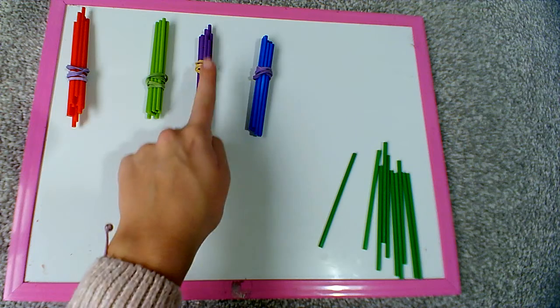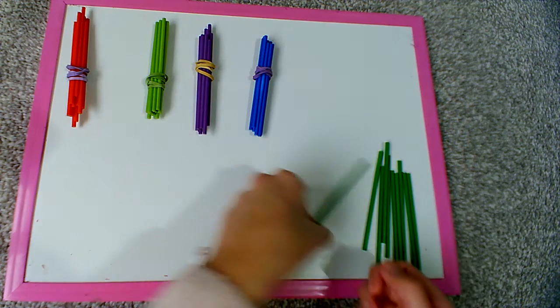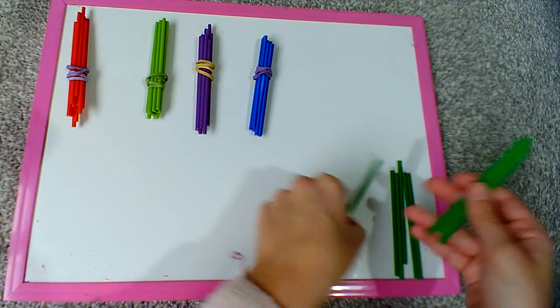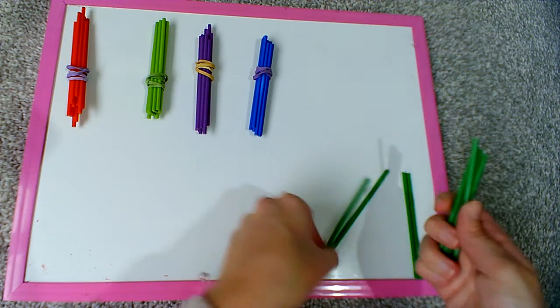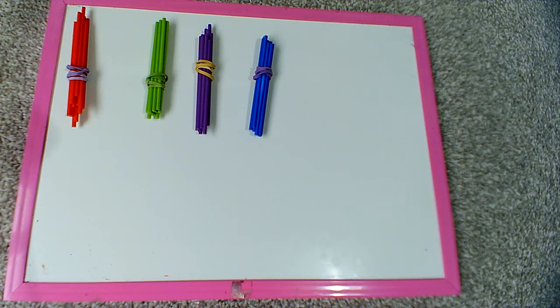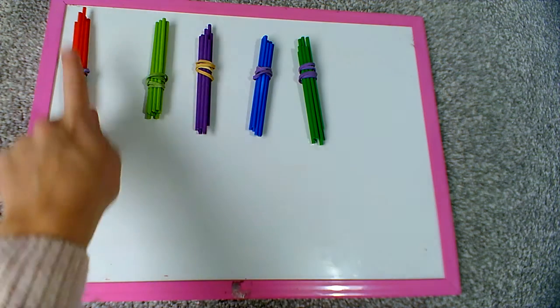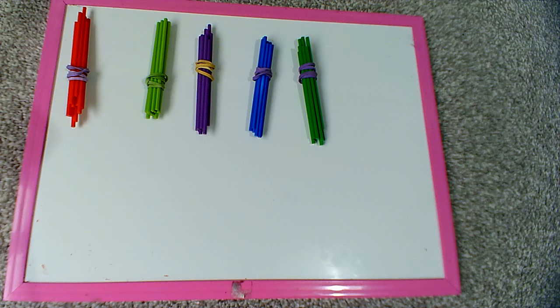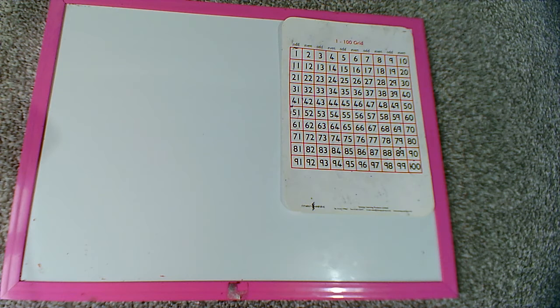So I have 1, 2, 3, 4 bundles of 10, and 1, 2, 3, 4, 5, 6, 7, 8, 9, 10. I have my last bundle of 10. So how many bundles do I have altogether? I have 1, 2, 3, 4, 5 bundles of 10, and there are 50 counting sticks altogether.